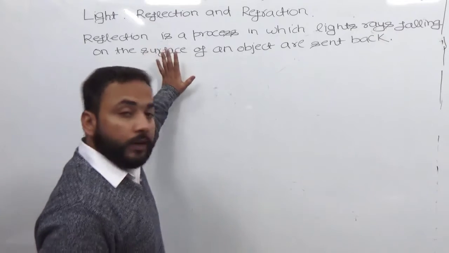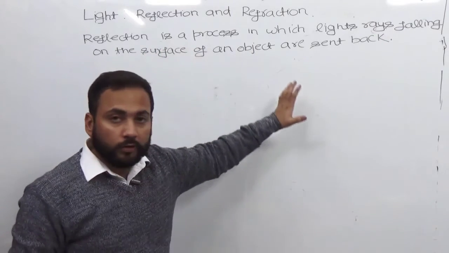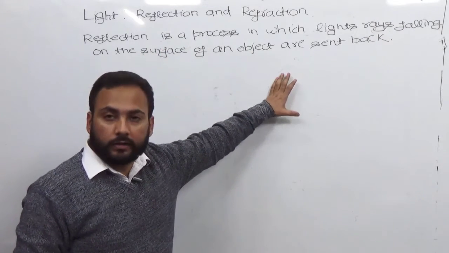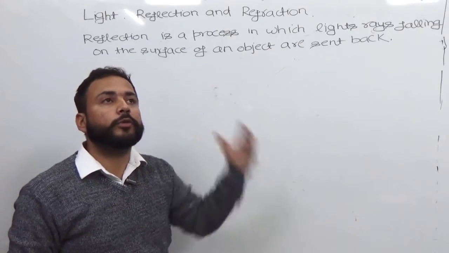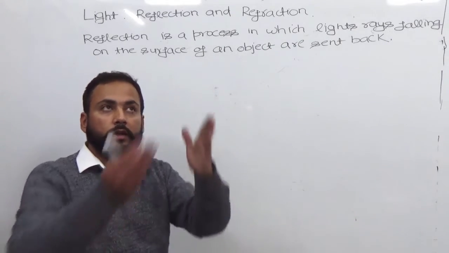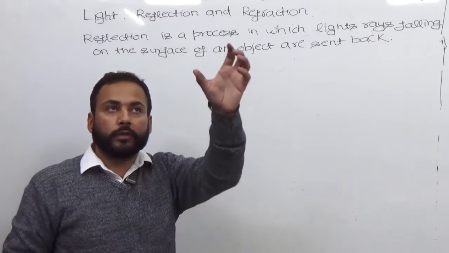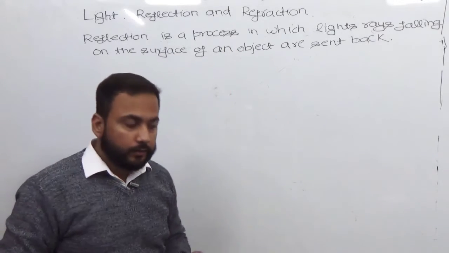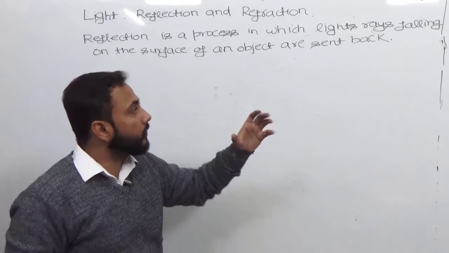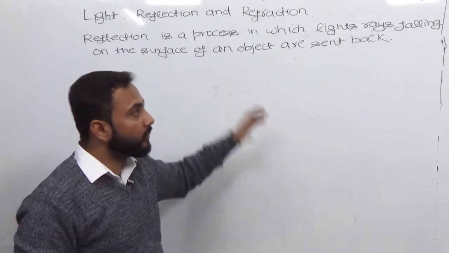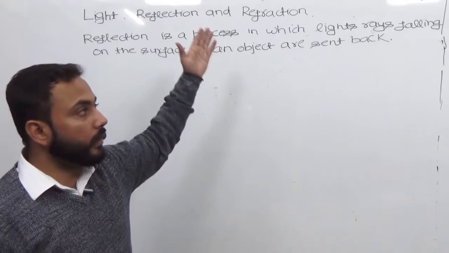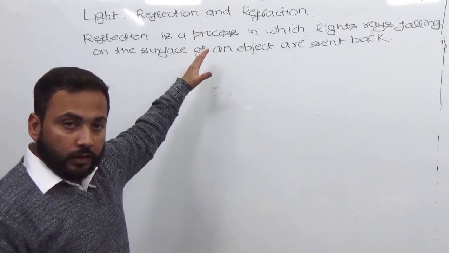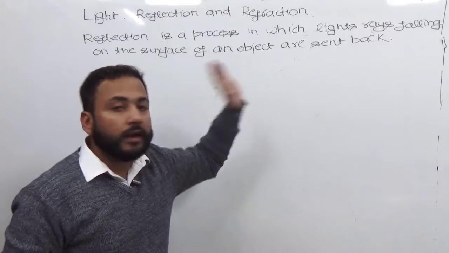So what is reflection? Reflection is a process in which the rays of light coming from the source, like the light rays coming from the bulb, strike the surface, like the surface of this wall, and are sent back.